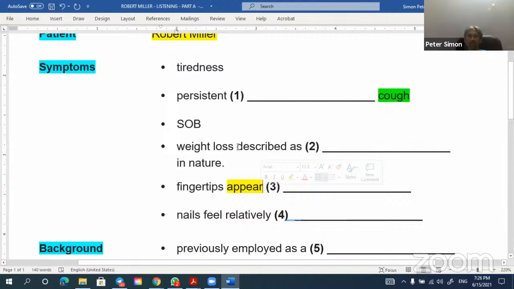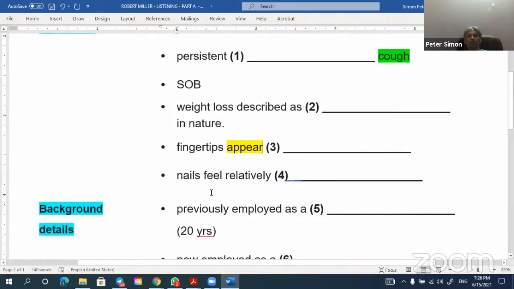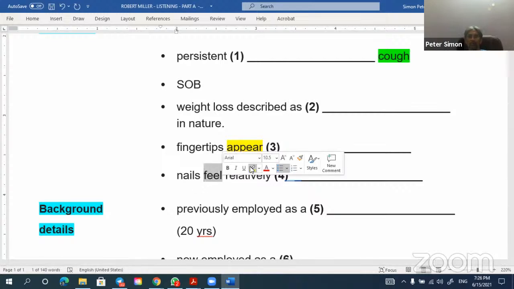Described as. Weight loss described as. So here this is a verb. Next one, here it is adverb. This is verb. Feel. Yellow.